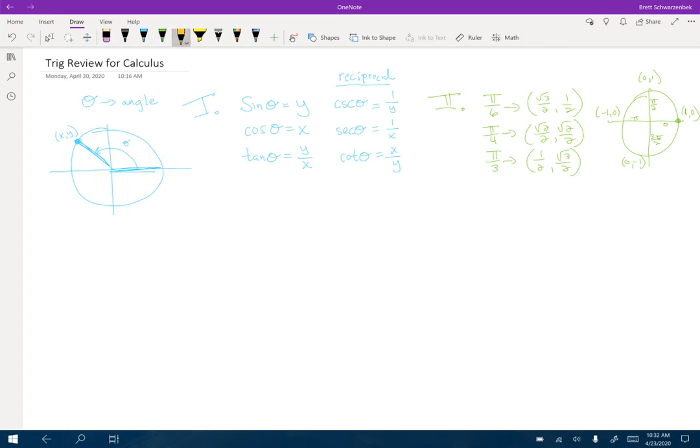Okay, so the last major concept has to do with quadrants. So what does that mean exactly? In the unit circle, we have a nice little fancy saying that we can use to determine the sign of trig functions in each quadrant. So just remember that we are dealing with quadrant 1, quadrant 2, quadrant 3, quadrant 4.